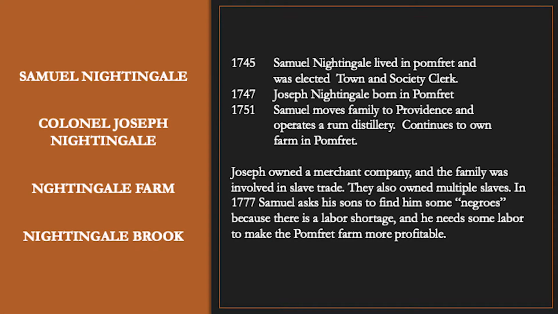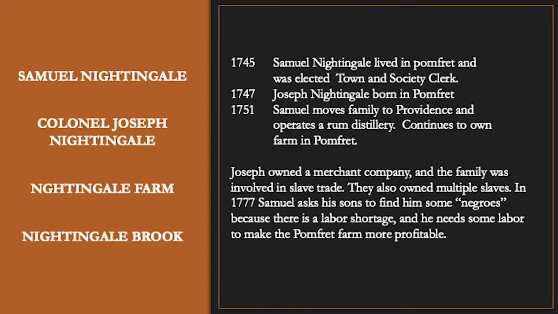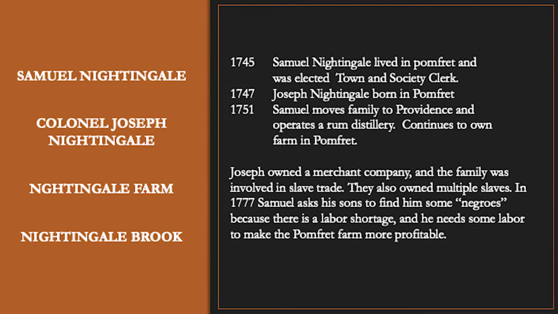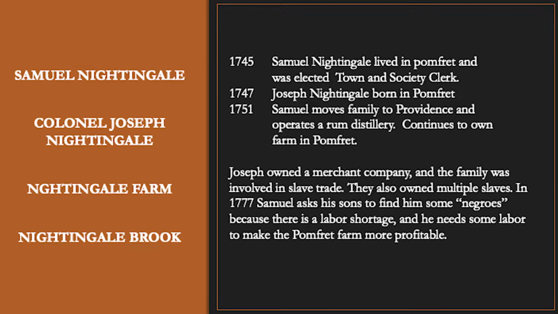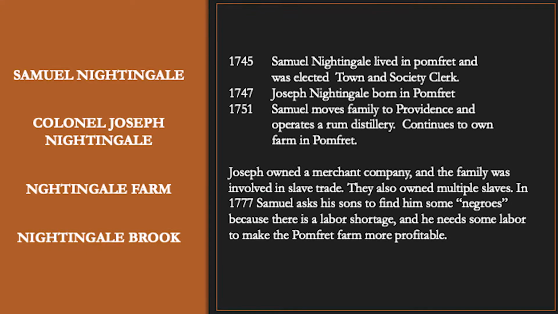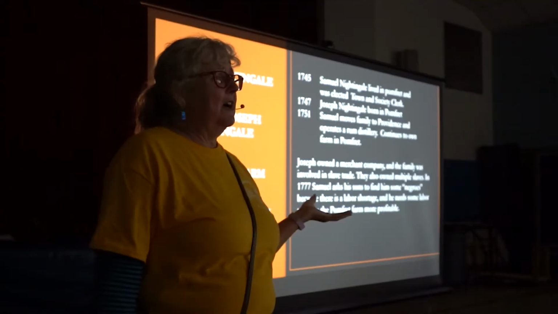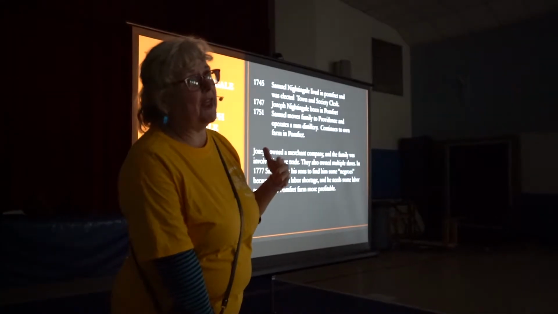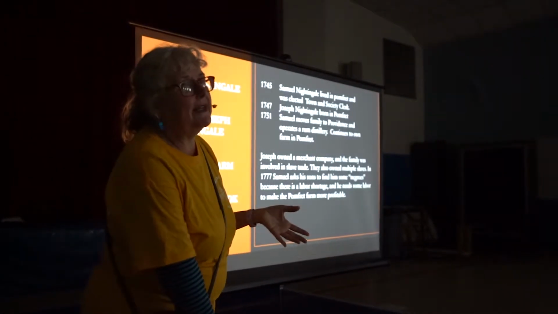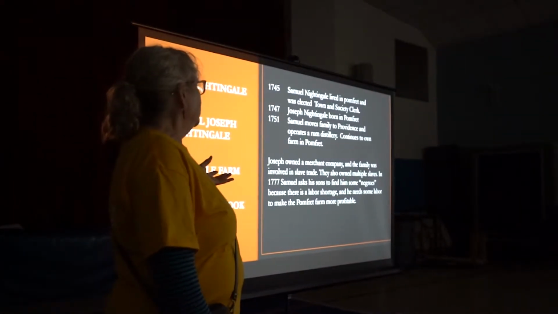He was living here in 1745 when he was elected one of the town clerks. He was elected a society clerk as well. And so Samuel has enslaved Africans, but he leaves town long before they are inventoried on the 1790 inventory.